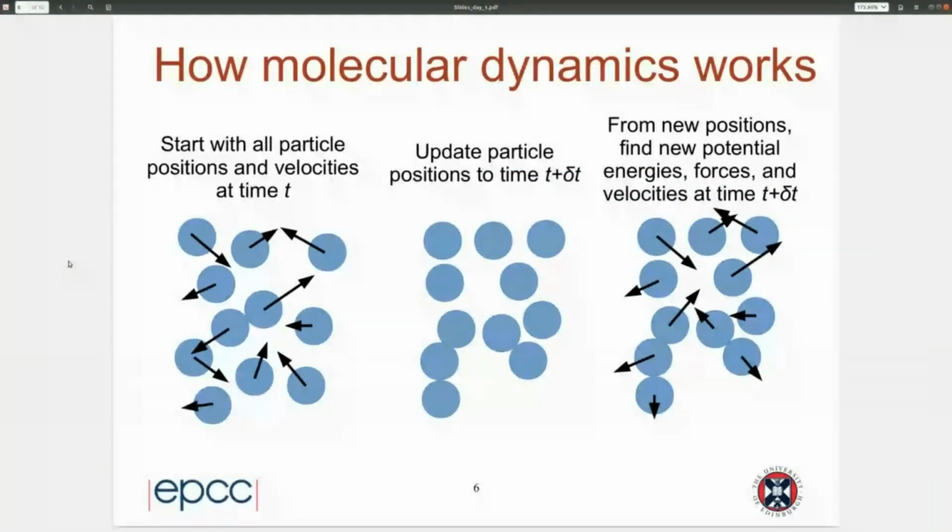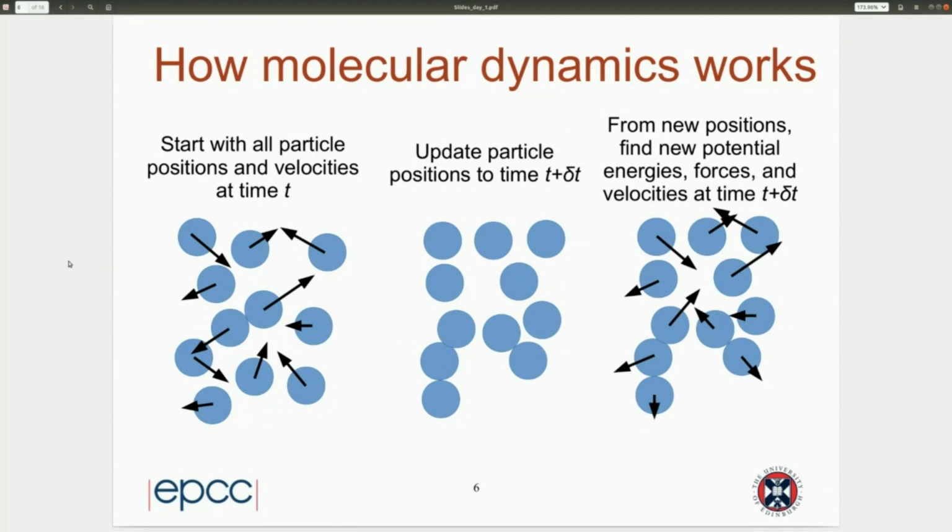What LAMMPS considers is a purely Newtonian view of the world. It is possible but difficult to include and consider quantum mechanical properties. Molecular dynamics is a Newtonian method, and LAMMPS is mainly Newtonian software.